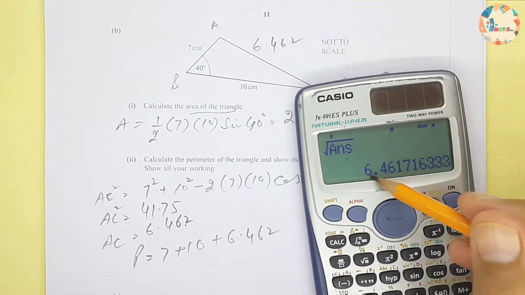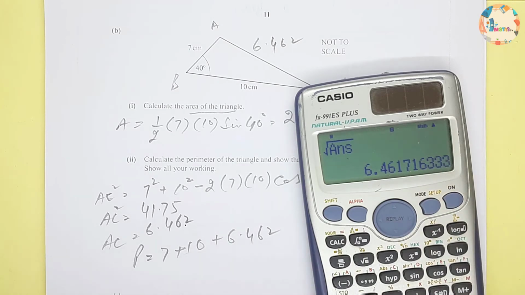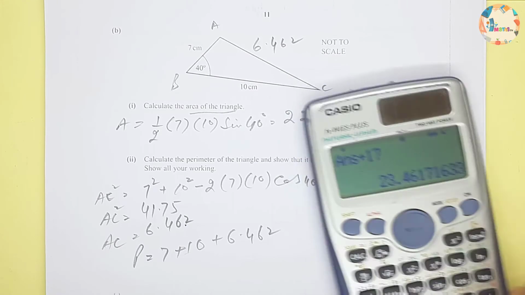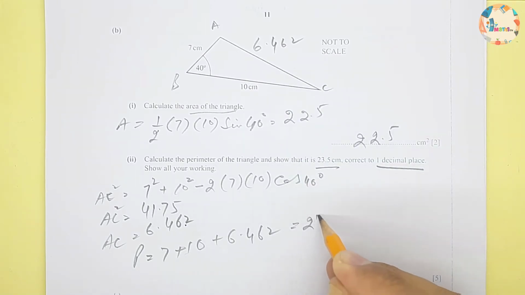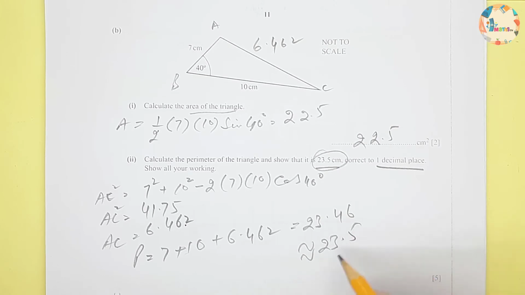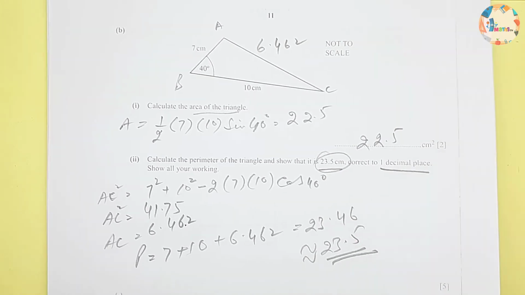So plus 17 will give us 23.46. 23.46 is our answer, and approximately we have to prove this one, so 23.5 up to one decimal place.